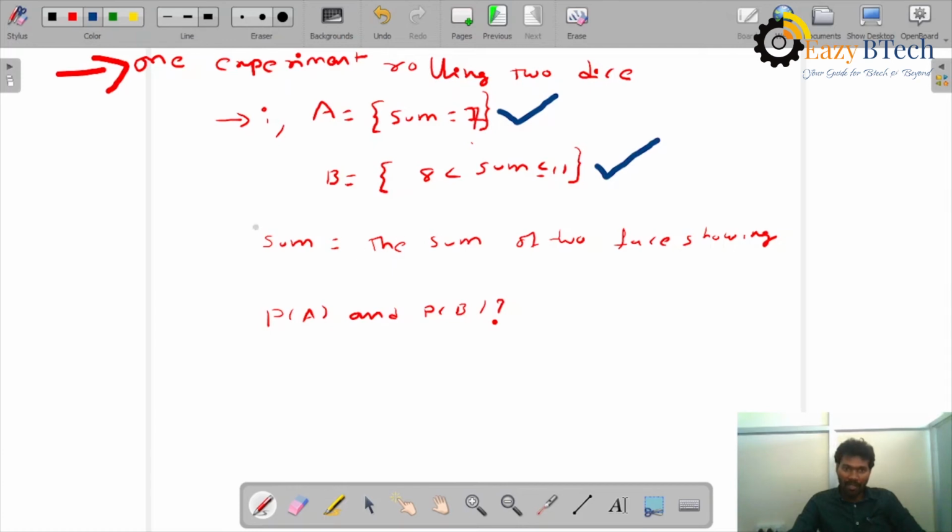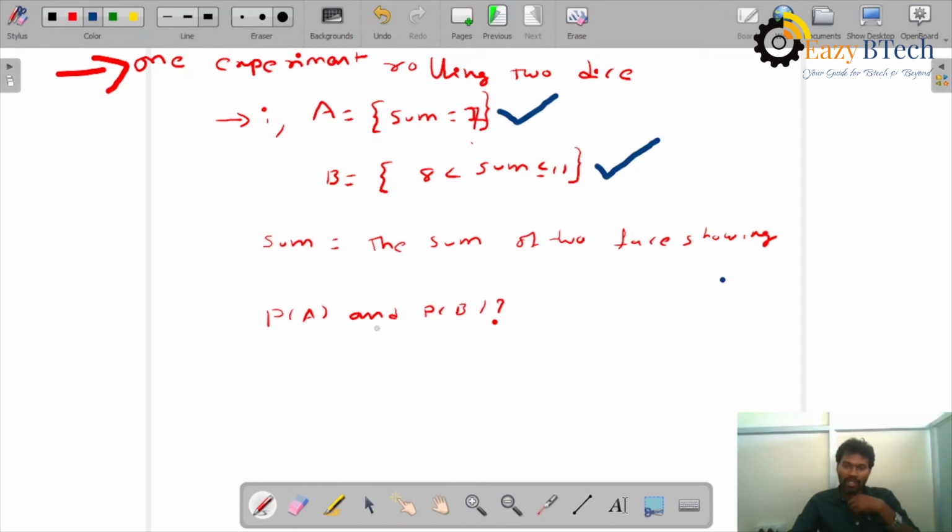The sum is nothing but the addition of the two values the two dice are showing. Suppose one die shows 1 and another die shows 5, the sum is 1 plus 5, that means 6. So the sum might be a minimum of 2 and a maximum of 12. And what they ask you finally is P of A and P of B. Simple problem.